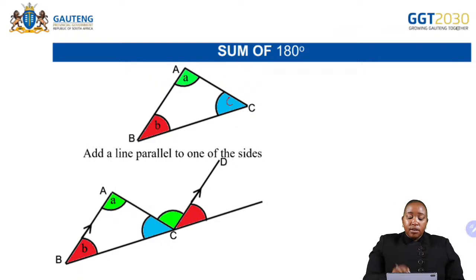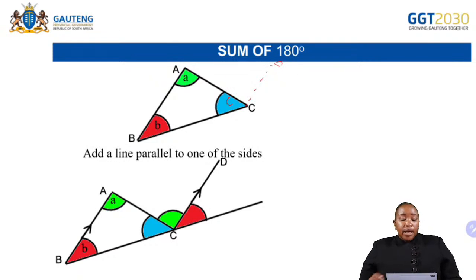We've just added a line and a point, so we call it CD. Do you see that? You've got it in your books, right? I don't want to talk alone. Somebody must be writing something here. So we've constructed our line CD, and it's parallel to AB.